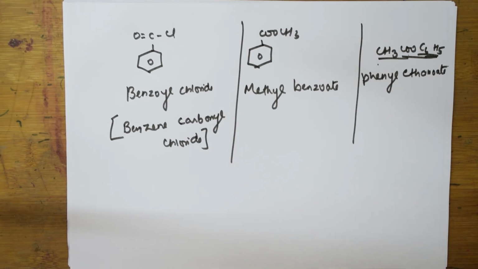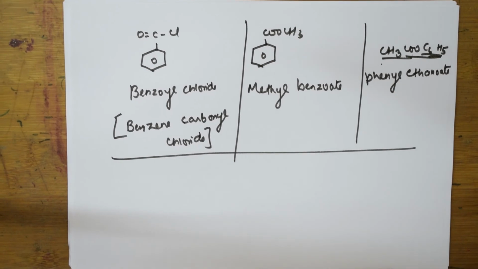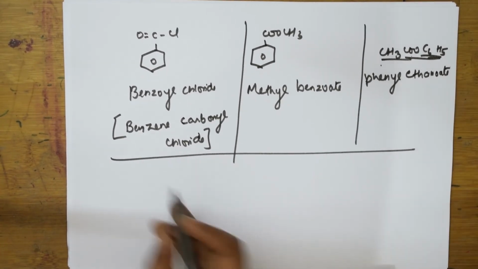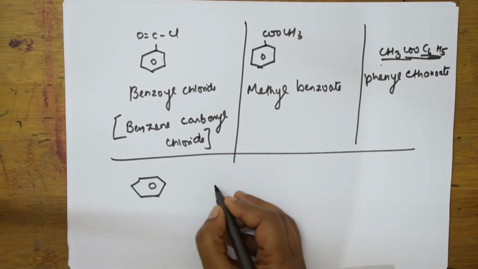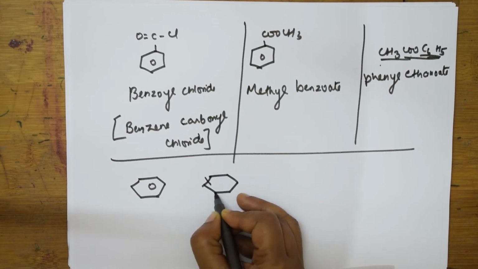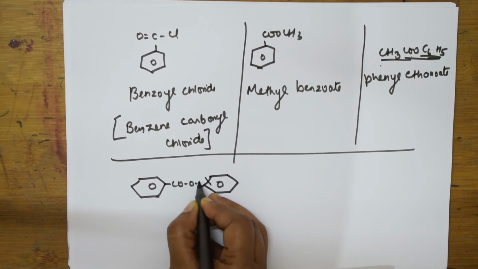So one more example, students. Let's try with one more. The more examples you learn, the more perfect you will become with the concept. Suppose I have a benzene ring, and there is one more benzene ring here. These two are attached with a CO group.